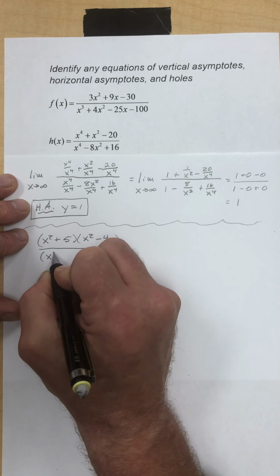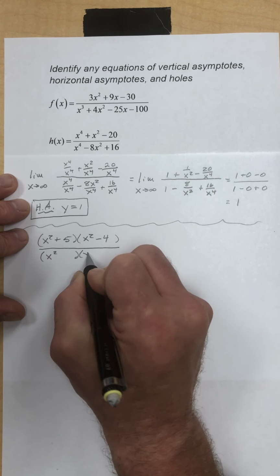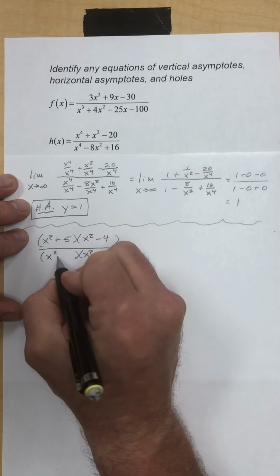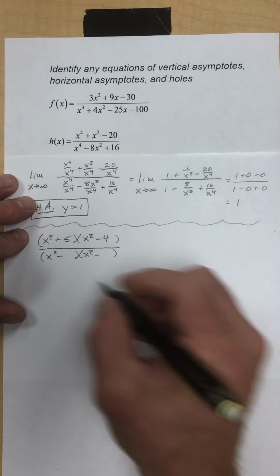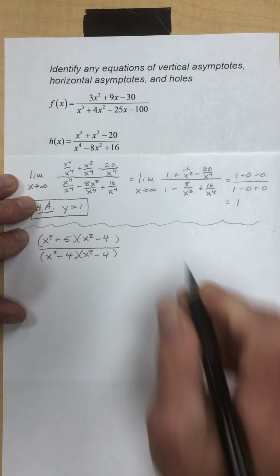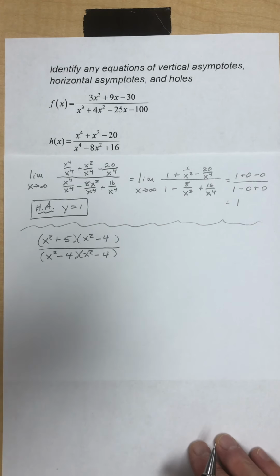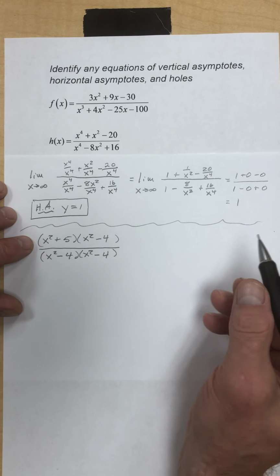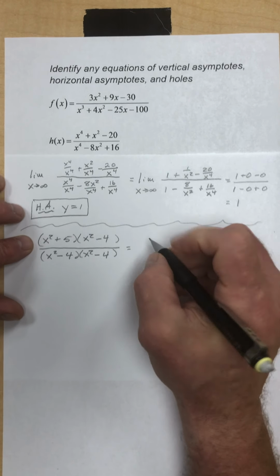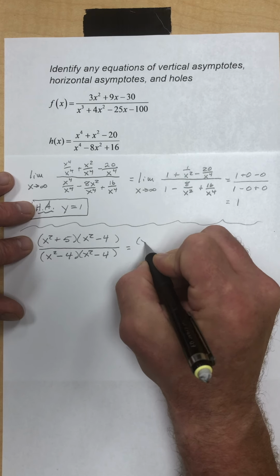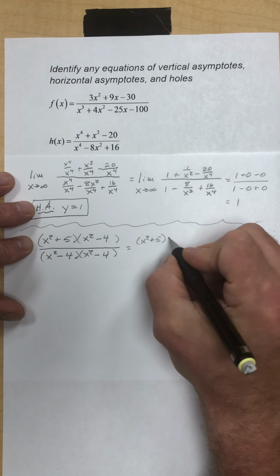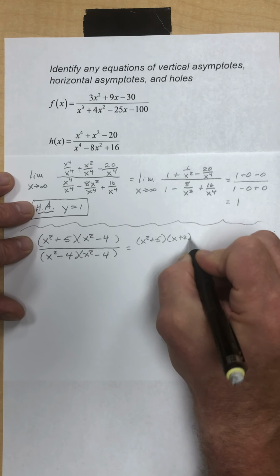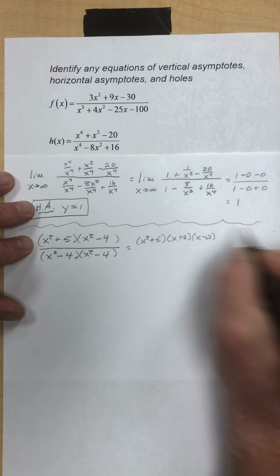Split that up into x squared and x squared, like that. And so I'm minus and minus. And factors of 16 that add up to 8, that would be 4 and 4. So notice that I can't do anything with x squared plus 5. I can't factor that anymore. But I can definitely look at x squared minus 4 and then factor, this is a difference of squares, so x plus 2 and x minus 2.